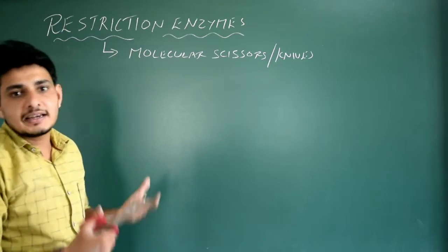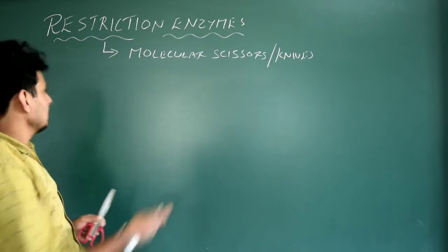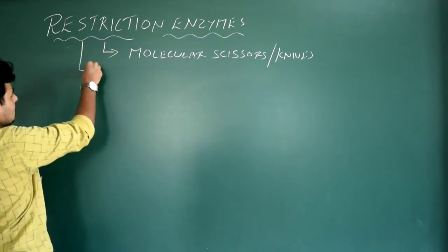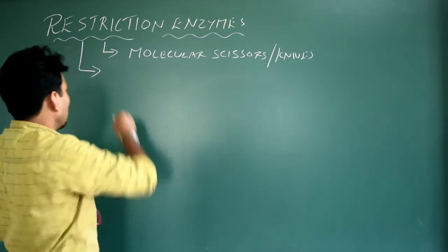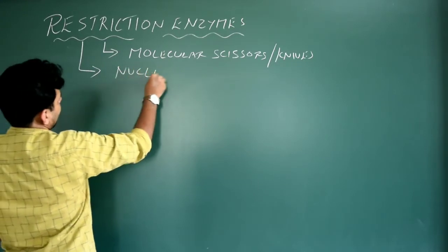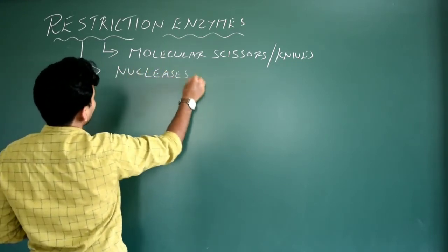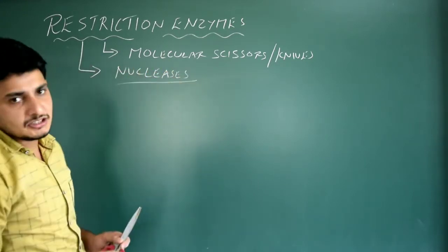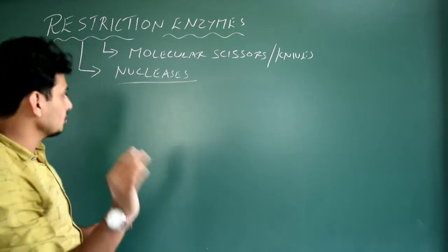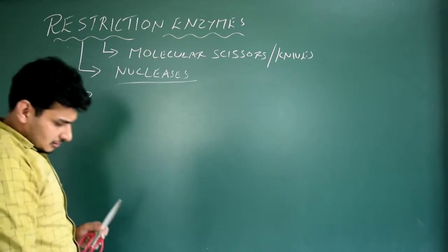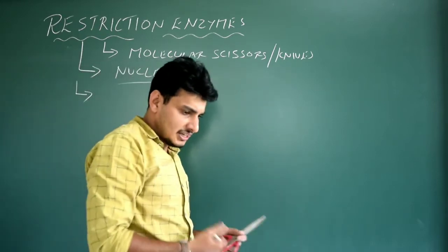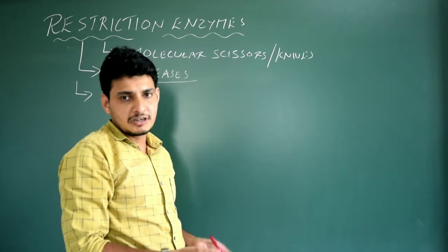But where exactly can they cut the DNA? That's what we'll understand. And all these restriction enzymes belong to a large class of enzyme family called nucleases. Note this point. They belong to a large class of enzyme family, that is nucleases. Very important, nucleases.